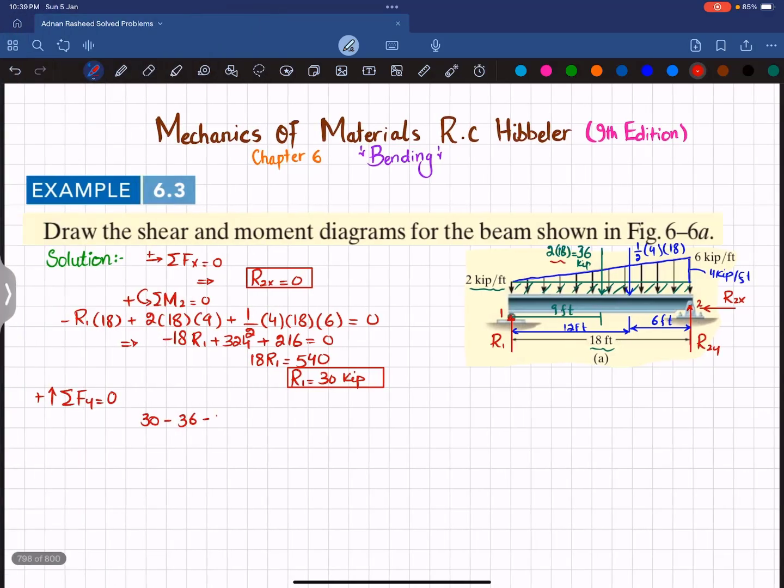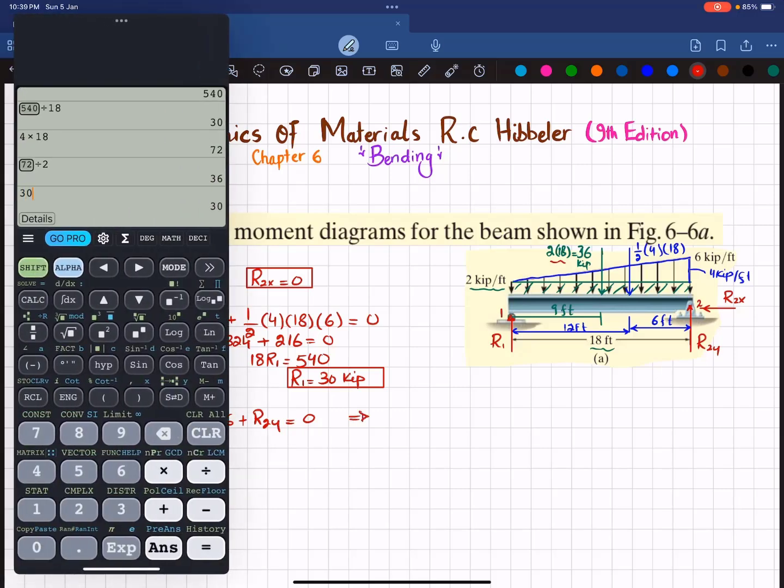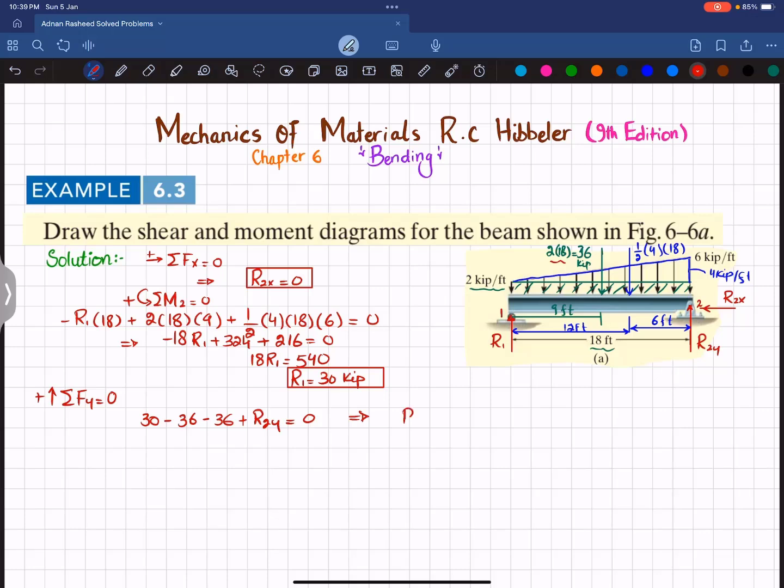So minus 36 plus R2y is equal to 0. So from here you will get 30 minus 36 minus 36, which is minus 42. So R2y will be equal to 42 kips.